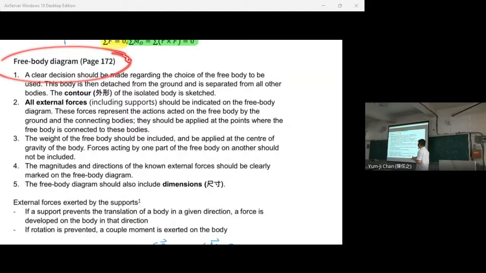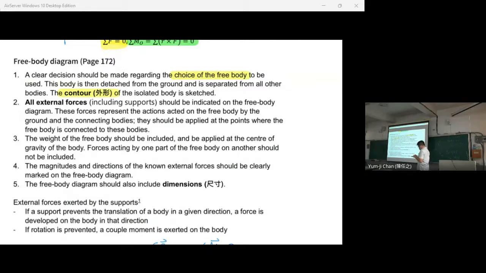A free body diagram should have 3 key parts. The first one is the contour of the free body. Because as we can see in examples later on, you can have different choices of free bodies. You can have a large free body.